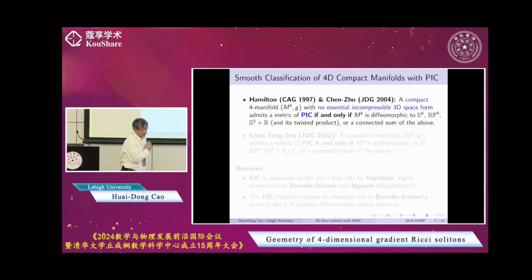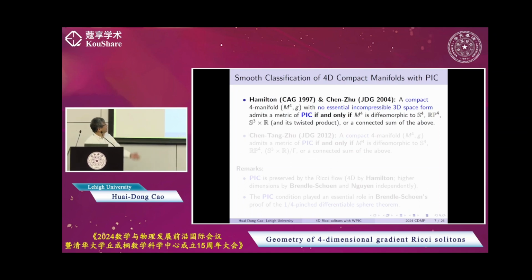So in this case, suppose there's no essential incompressible 3D space form, then they show that such a PIC 4 manifold is diffeomorphic to either a copy of S4 or its quotient RP4 or S3 cross R, and then its twisted product or connected sums of those.